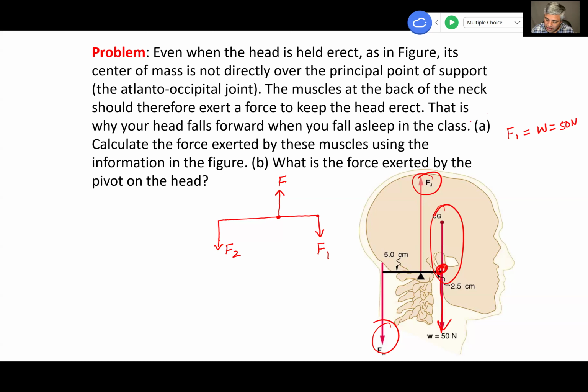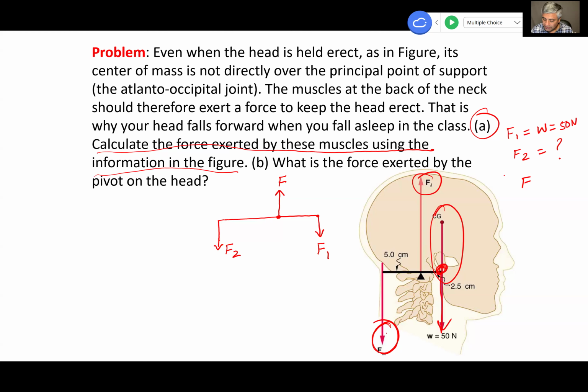So in part A, it's asking us to calculate the force exerted by the muscles using the information in the figure, okay? Force exerted by the muscle, so that means we are looking for this. So we are looking for F2, okay? How about F?